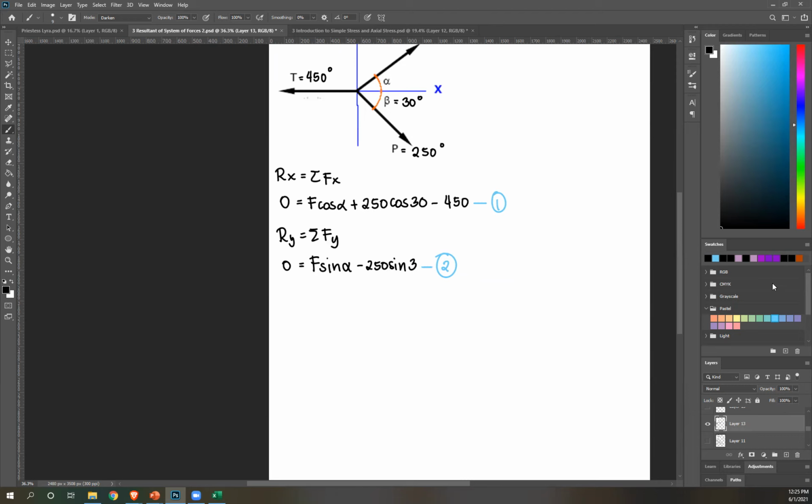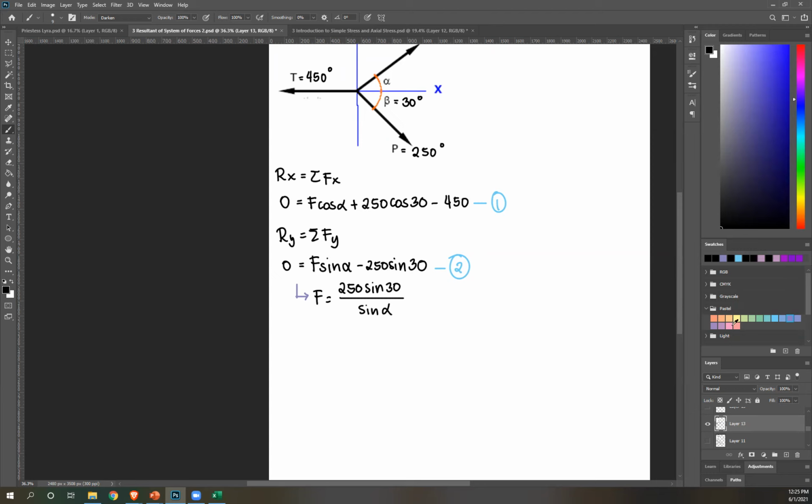Let's rewrite that. Let's transpose 250 sine 30, so we have F sine alpha equals 250 sine 30. Then divide both sides by sine alpha, and you get F equals 250 sine 30 over sine alpha.